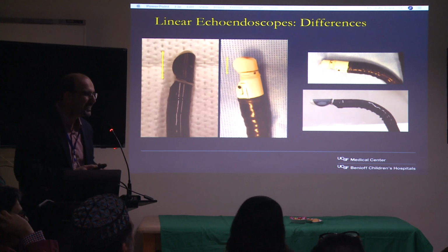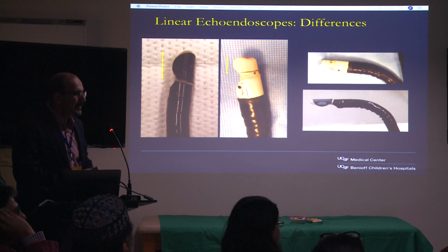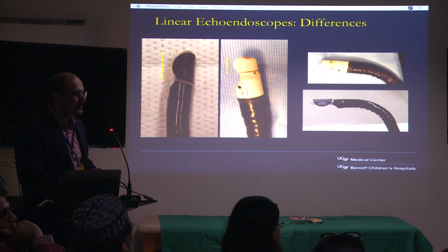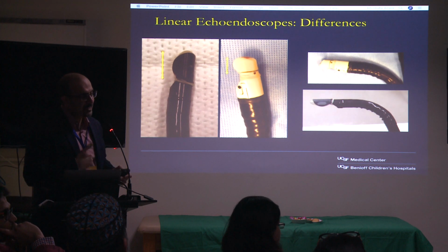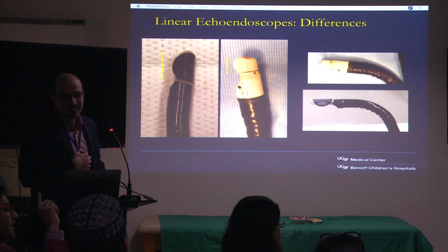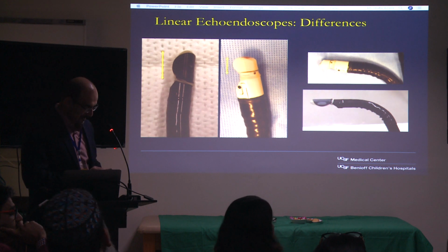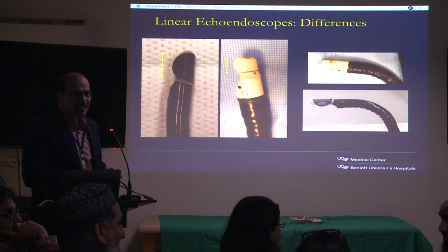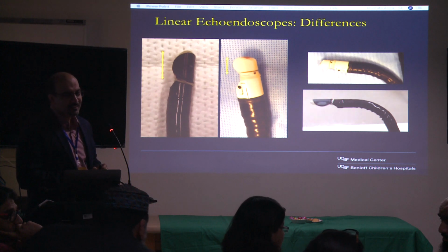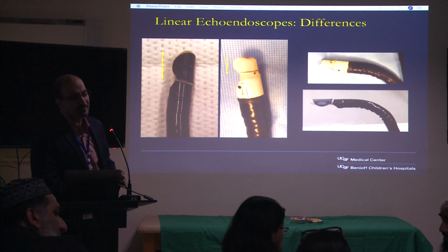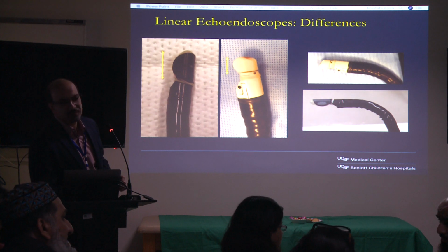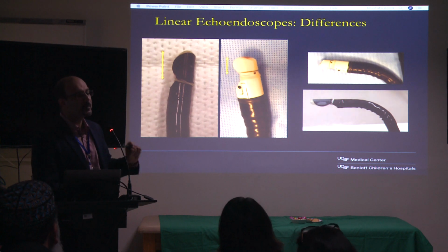The new Pentax scope is being claimed to be thinner and much better. I haven't seen it, but I'm told by the Pentax people here. It's not only that, the other problem is it's too flimsy.